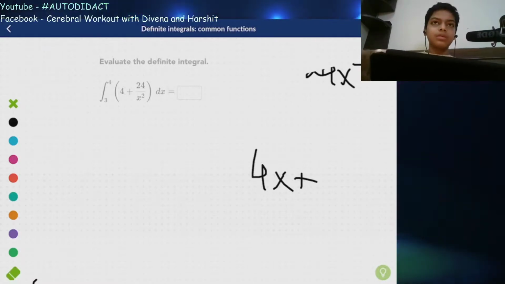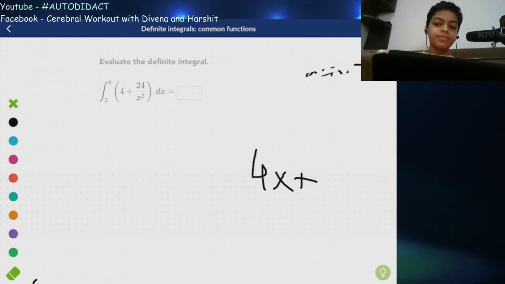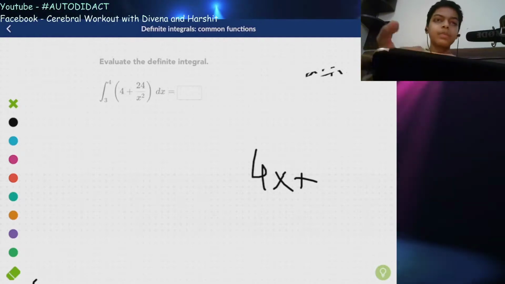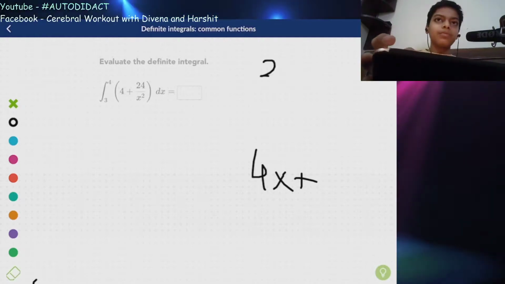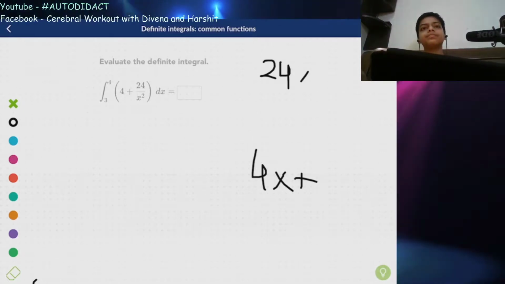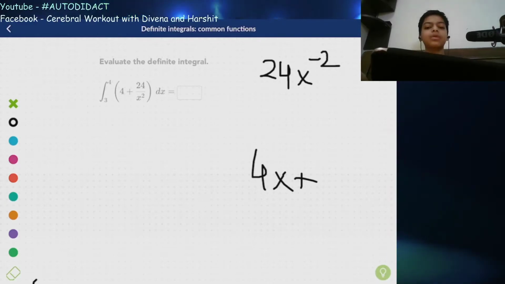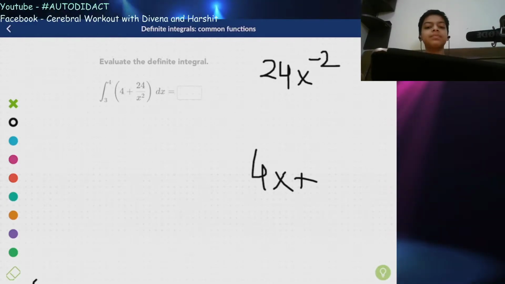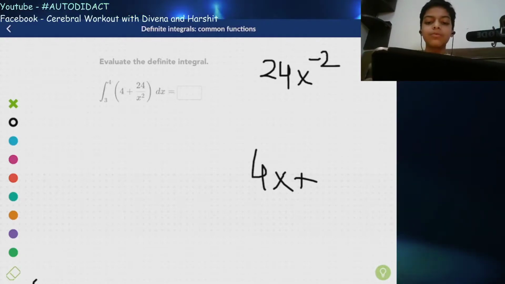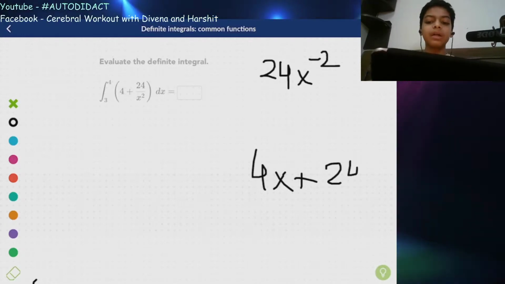For 24x to the negative second power, its indefinite integral is 24 divided by, so this will be x to the negative 1 divided by negative 1.